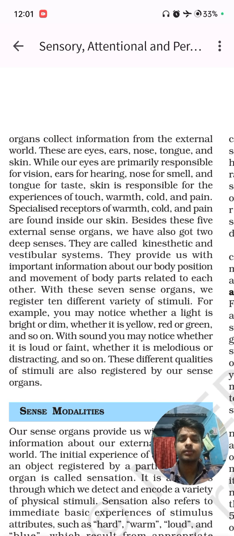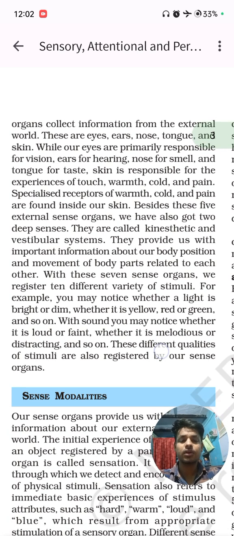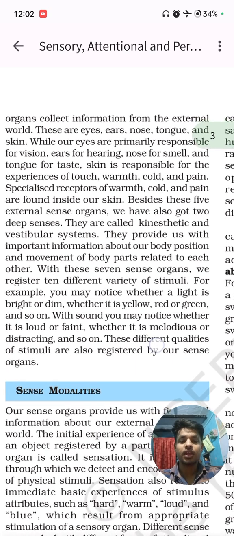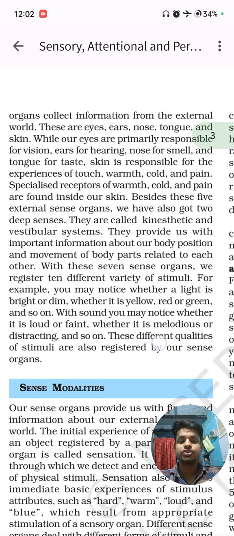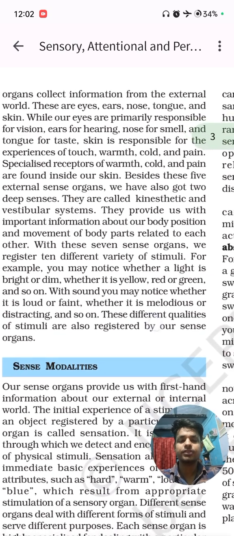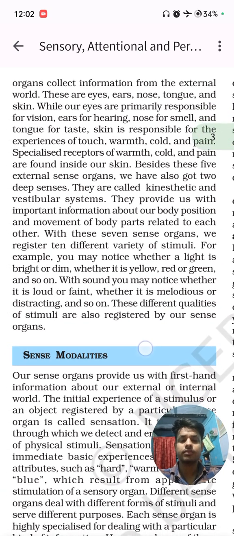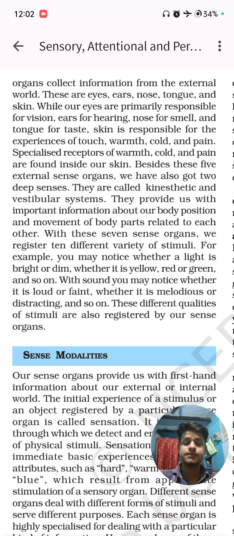Besides these five external senses, we have two deep senses. These are called the kinesthetic and vestibular systems. These provide us important information about the body position and movement of the body parts in relation to each other. With these seven sense organs, we register different varieties of stimuli.